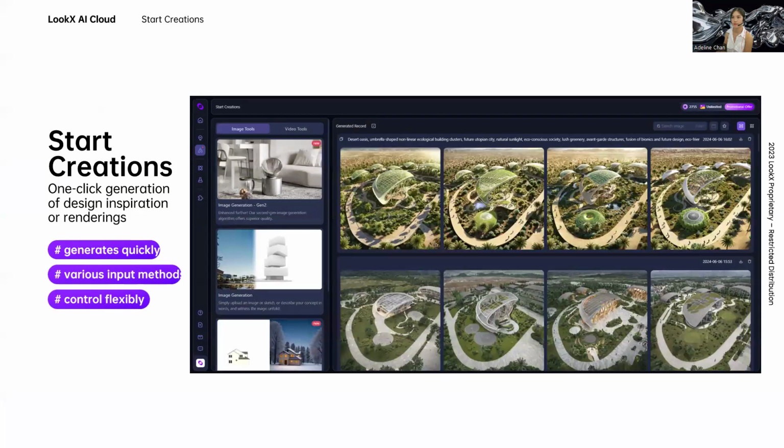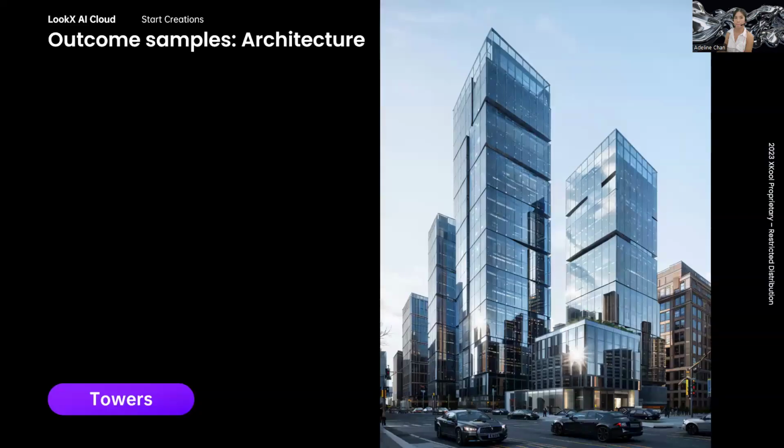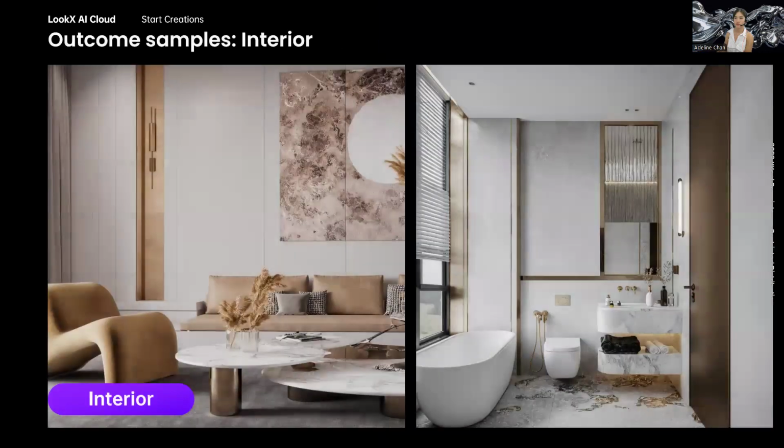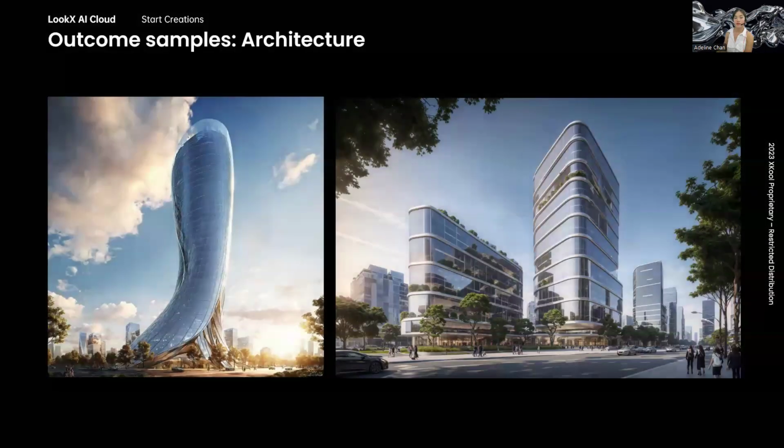In the start creation one, you basically generate images very fast, you have a variety of input methods, and you can also control it very flexibly. And then some of the image sharing. You can generate towers very well, you can generate interior images very well, as well as city complexes.